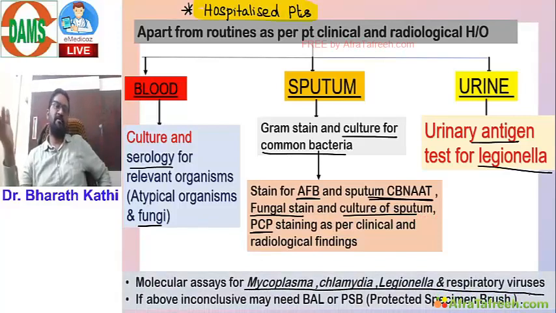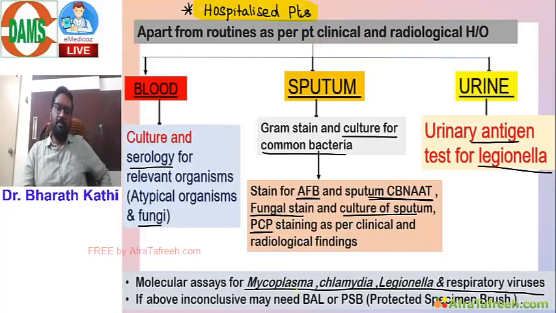Molecular assays are nothing but PCR, polymerase chain reaction, and this PCR has become famous especially due to COVID. If the above reports are inconclusive, you can go into the lung and take BAL. In a few centers we also take bronchial brushing, also called the protected specimen brush.